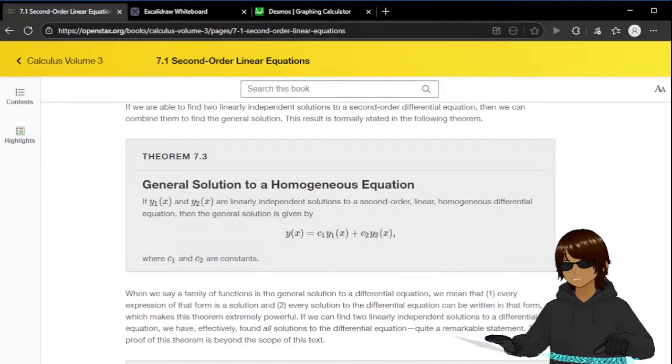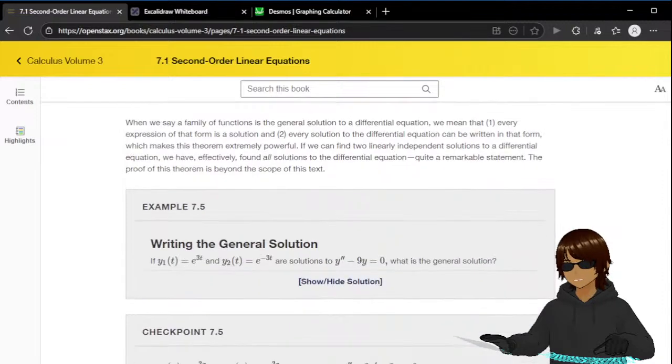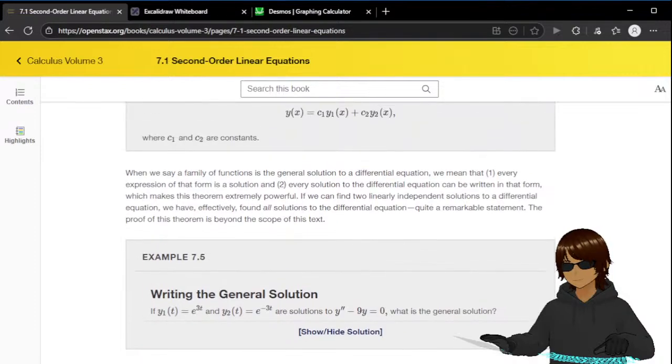If y1 and y2 are linearly independent solutions to a second order linear homogeneous differential equation, then the general solution is given by this. The C1 and C2 are constants. When we say a family of functions is the general solution to a differential equation, we mean that 1, every expression of that formula is a solution, and 2, every solution to the differential equation can be written in that form, which makes this theorem extremely powerful.